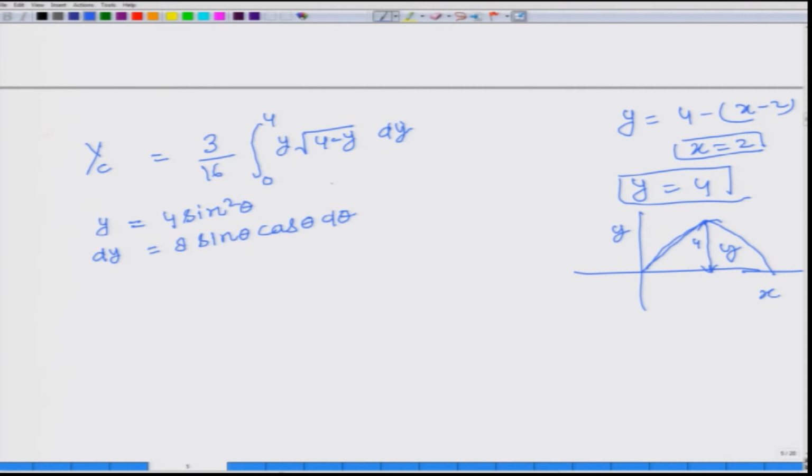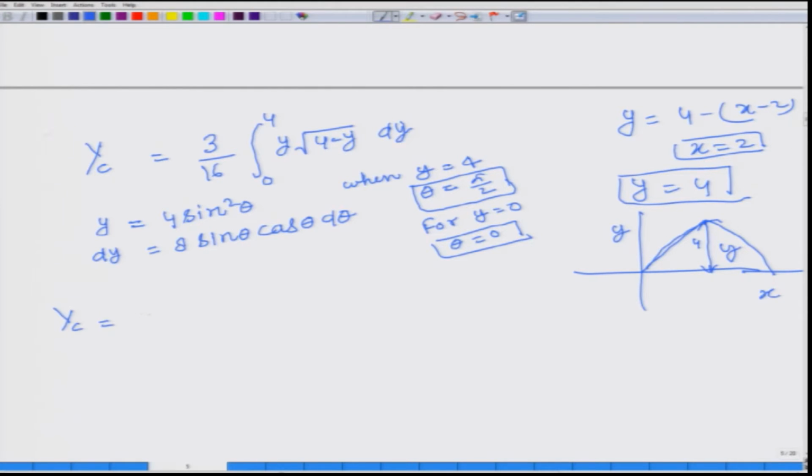So, when y equal to 4, what will be the value of theta? Theta would be equal to pi by 2, because sin square theta would be equal to 1. For y equal to 0, theta would be equal to 0. Okay.